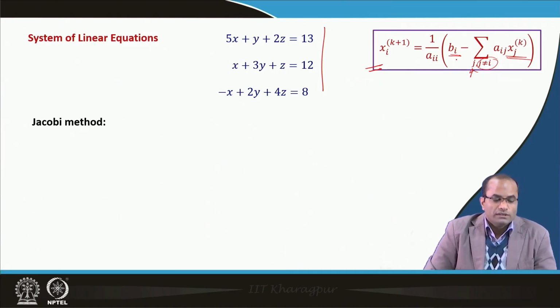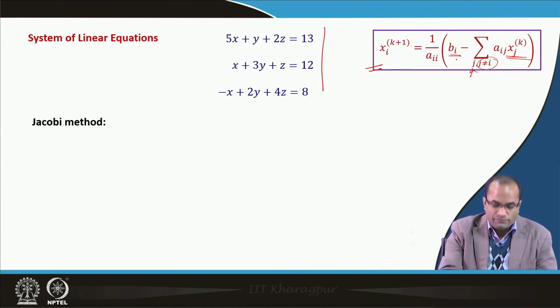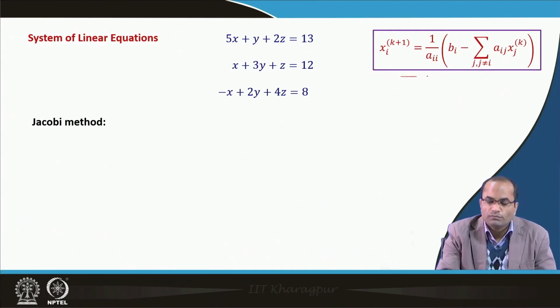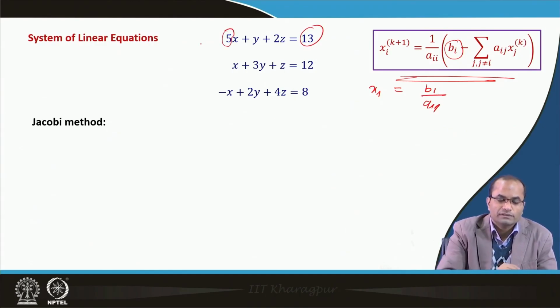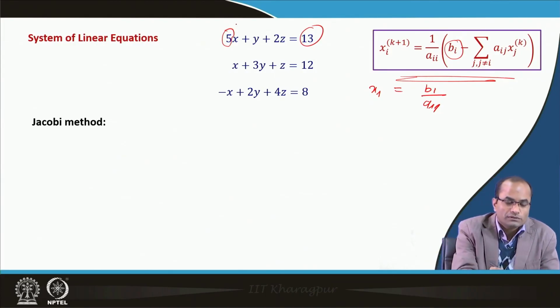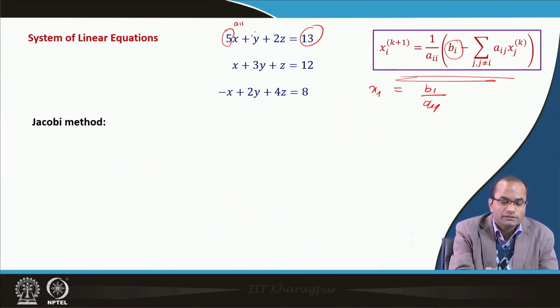To write down the Jacobi method, we do not have to remember this formula, because what it says is, for example, when we are writing x 1, we say b 1, that is here already, divided by a 1 1. These are the coefficients: this coefficient is a 1 1, this is a 1 2, and this is a 1 3, and so on.